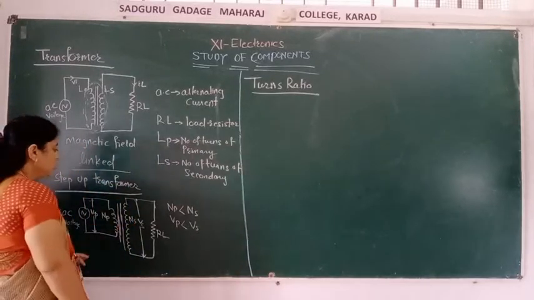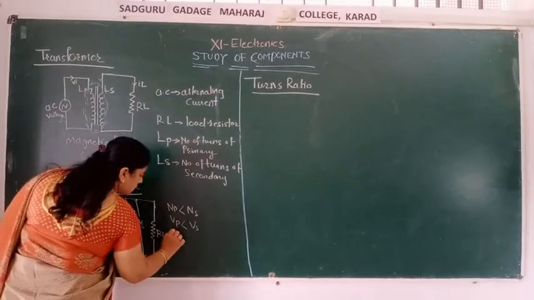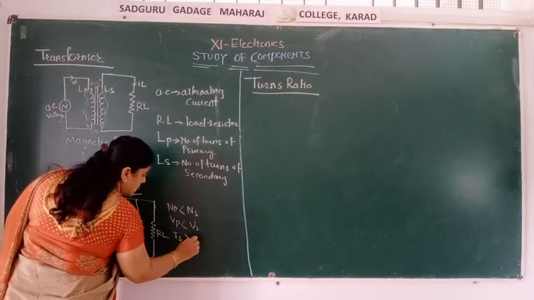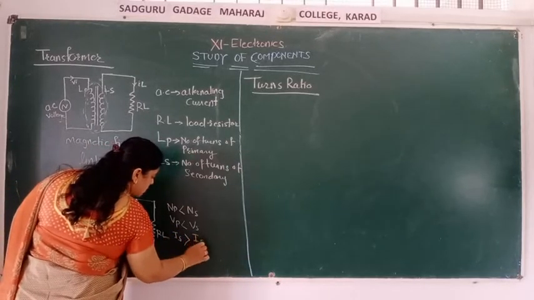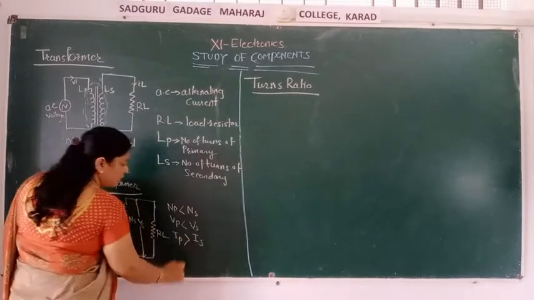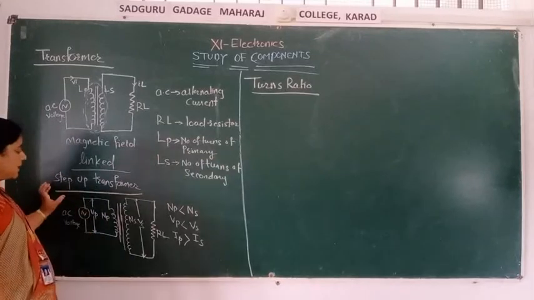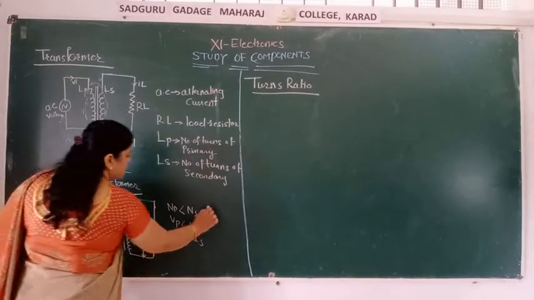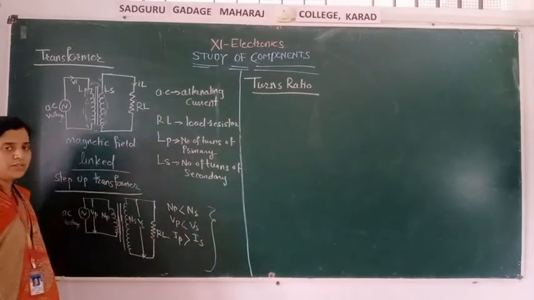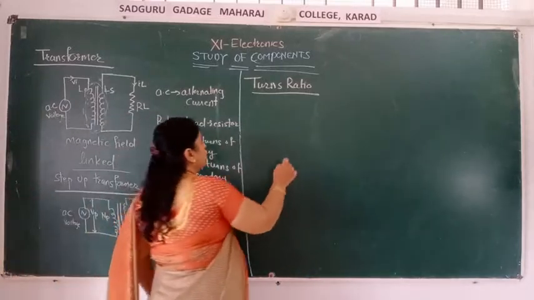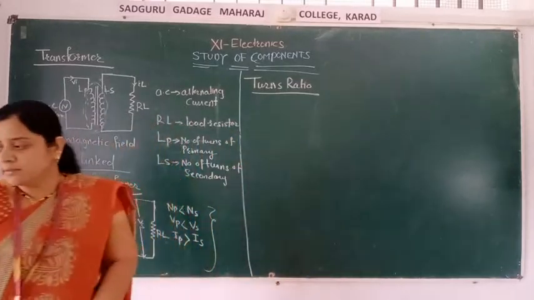Okay, but the current across the primary is greater than the current across the secondary. Current is always opposite of the voltage on resistance. Okay, so this is the step up transformer. For the step up transformer, this notation you have to write. Then the step down transformer, I will write.